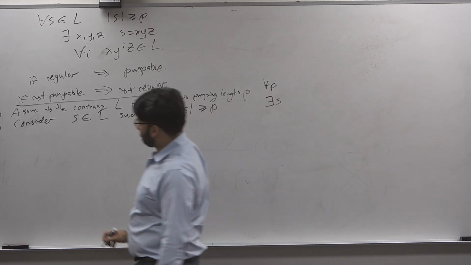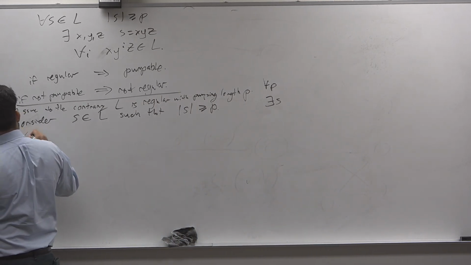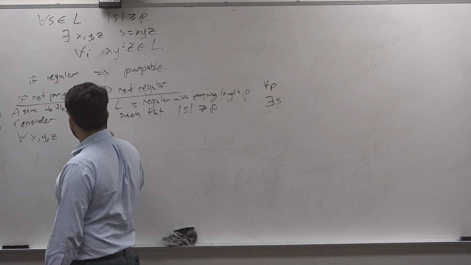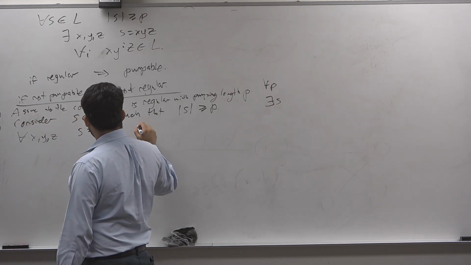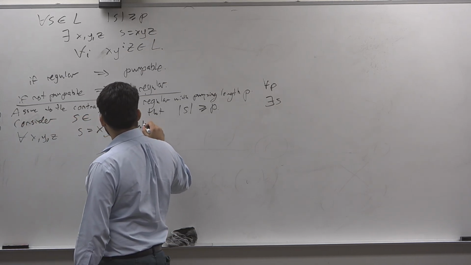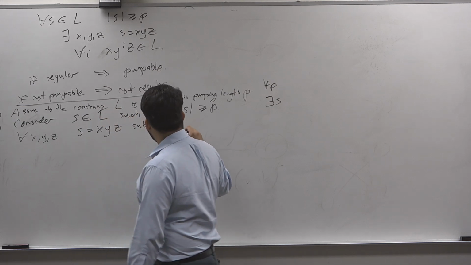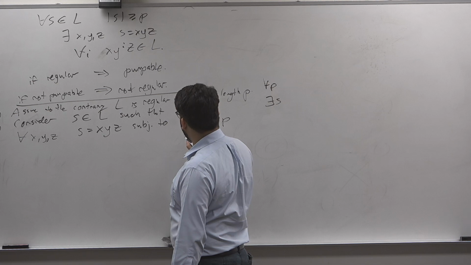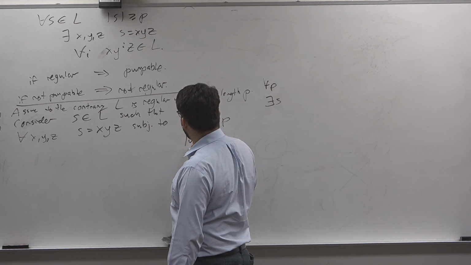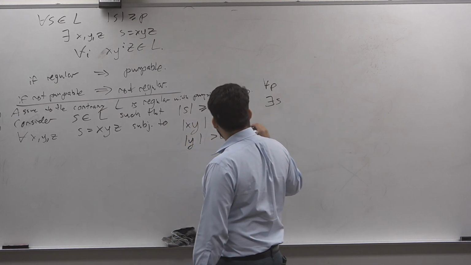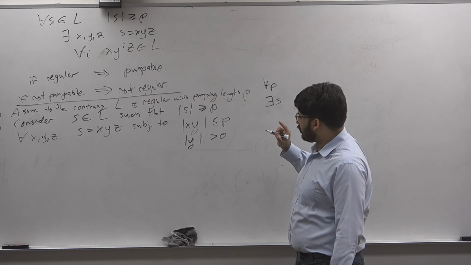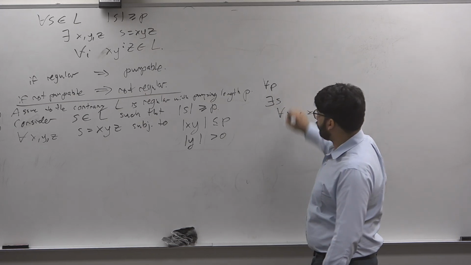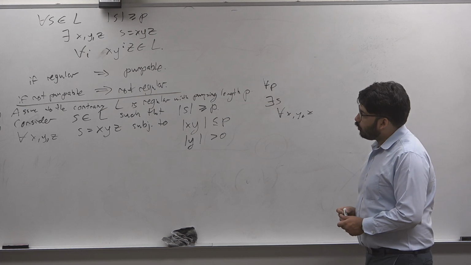Step three, for all possible x, y, z such that S is equal to xyz, subject to the length of xy is less than or equal to P, and the length of y is greater than 0. This is a little complicated, but this is again a for all x, y, z statement, right? So you have some quantifier nesting going on here.